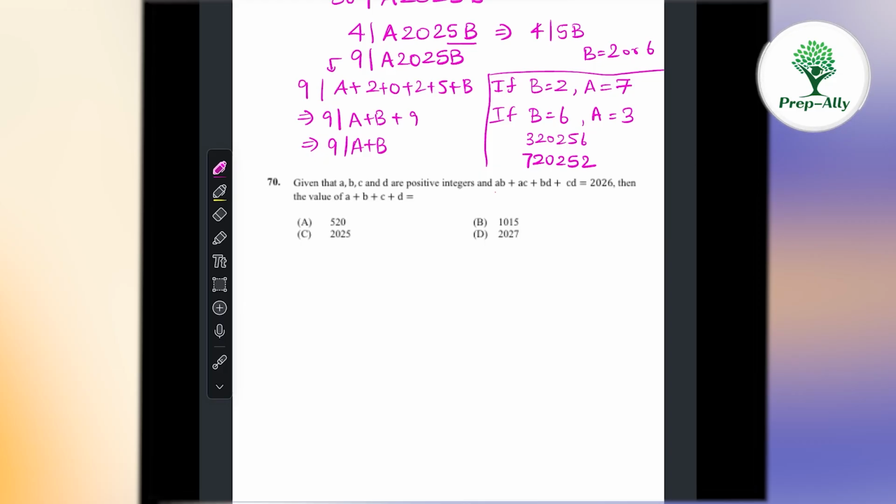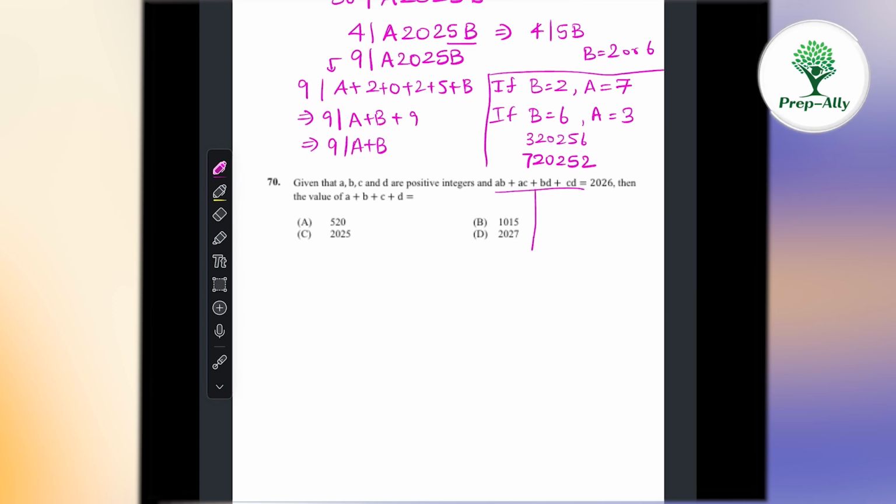Question 10. We're given that a, b, c, d are positive integers, and ab plus ac plus bd plus cd equals 2026, and we're asked the value of a plus b plus c plus d.